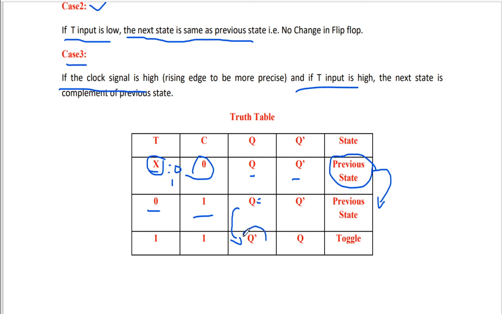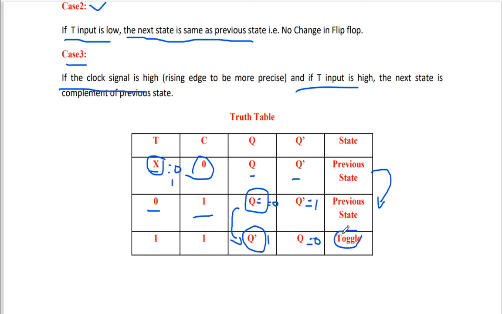What is the next state? Here it is Q bar, and the previous state was Q. That means if Q was 0, now it will be 1, and if Q bar was 1, it will be 0, and that state we call a toggle state. Okay, so that's the name of this particular flip-flop, we call it a toggle flip-flop.